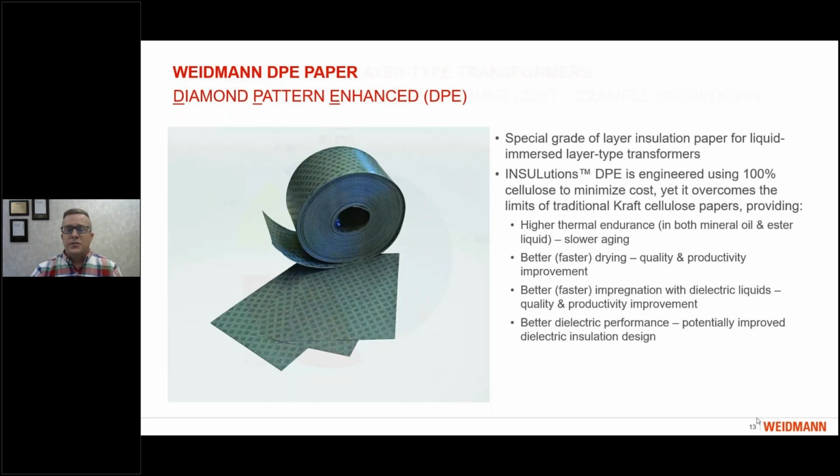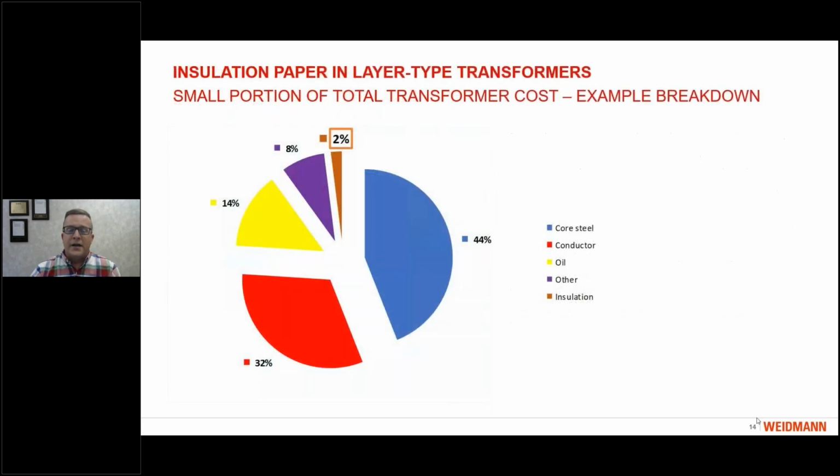But again, just to talk one more time about the cost, that's the important part of this paper as a solution. So if you look at the solid insulation in a typical layer wound transformer compared to all the other materials, core steel, conductor, the liquid, and other, the tank and such, the solid insulation is really typically representing just a couple percentage of the cost of one of these transformers.